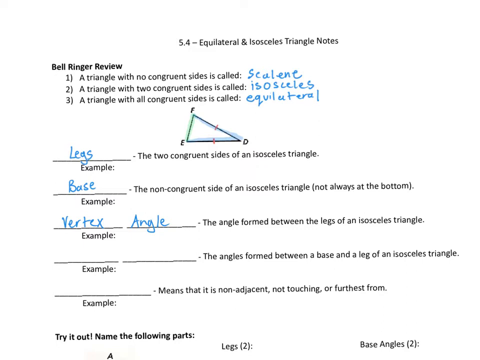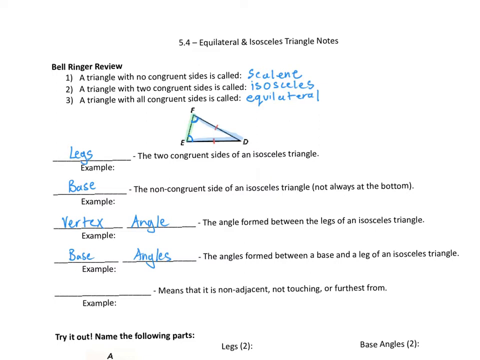The angles formed between the base and the leg in an isosceles triangle are considered the base angles. So our base angles are the angles formed between the legs and the keyword, base, so it has to be on the bottom. This and this, where the base is, one side of it has to be the base.